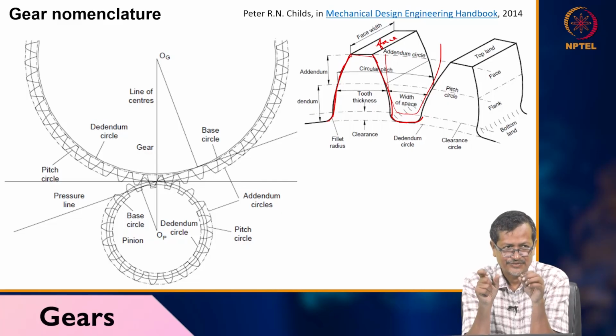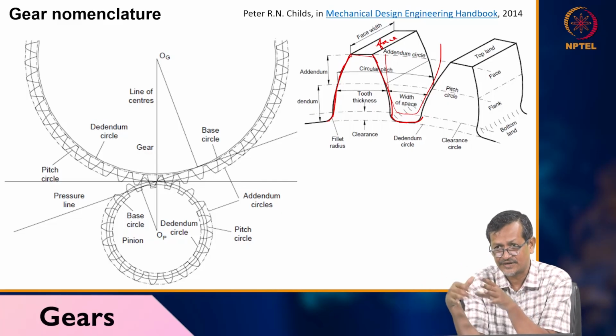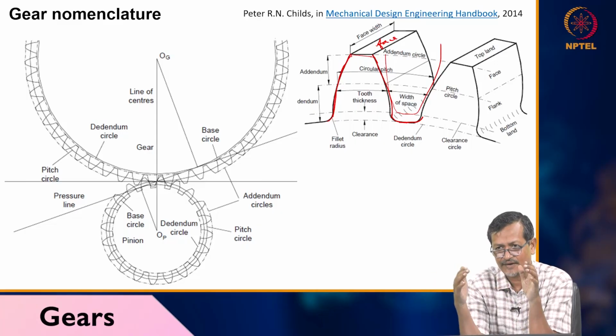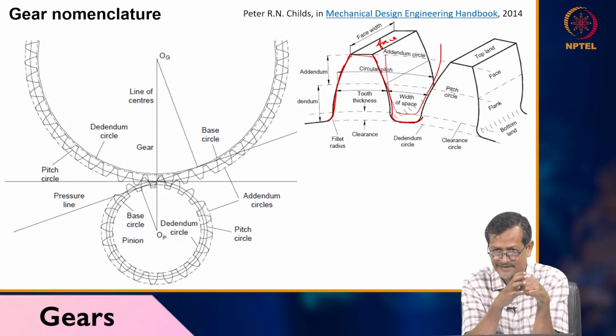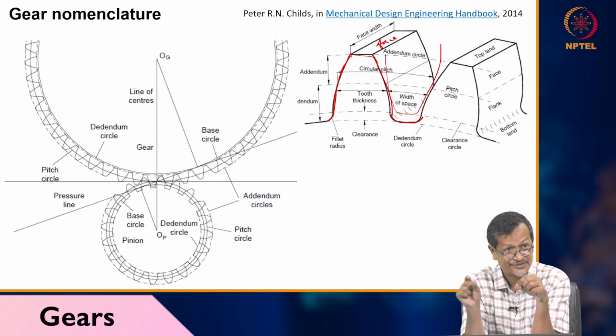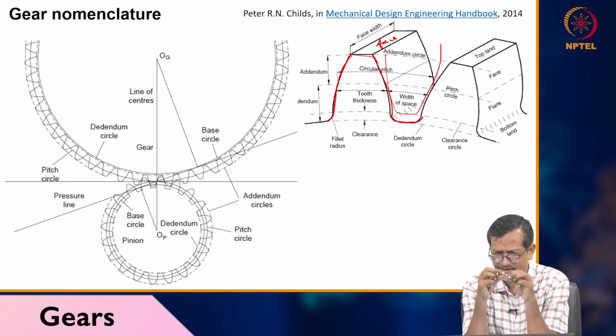Say with 10 centimeter diameter and 20 centimeter diameter, the 20 centimeter gear will have a larger number of teeth, and the smaller diameter has fewer teeth. Your gear teeth size is not changing when you select two meshing gears. But if you select two small toy gears, their teeth also will be identical but small, in both cases.